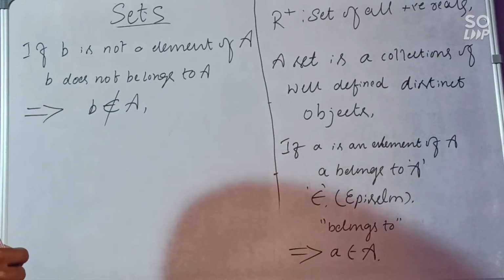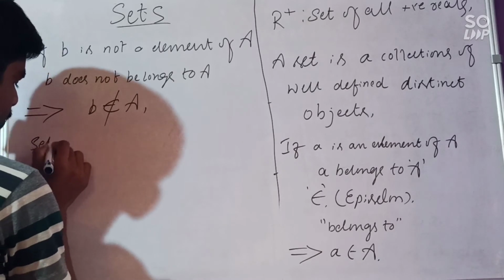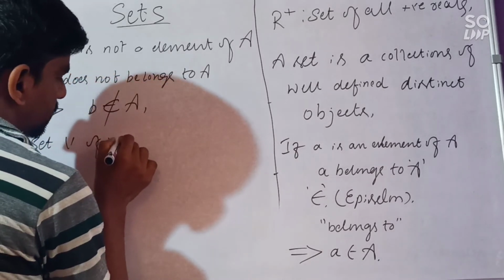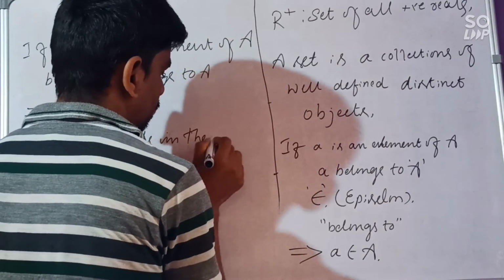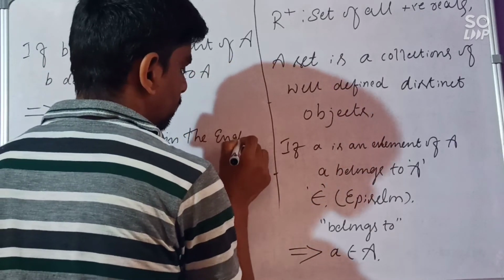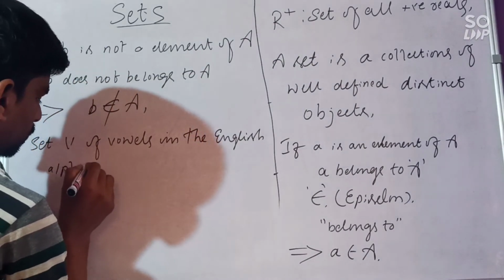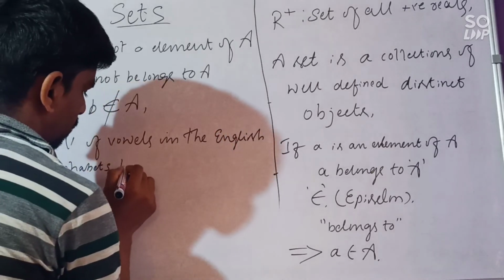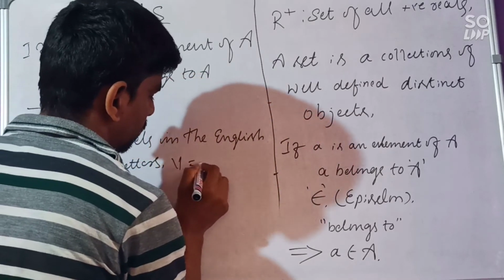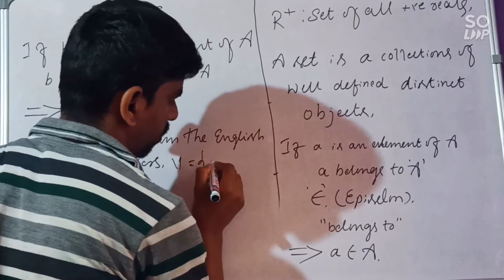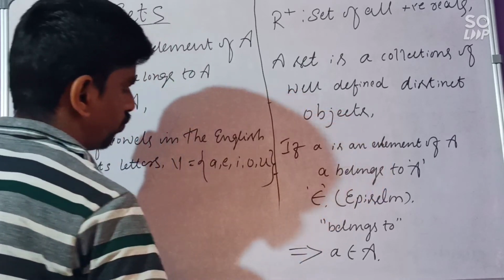Next, now see one more example. In the set V of vowels in the English alphabet letters, the set V is equal to the set of all a, e, i, o, u.